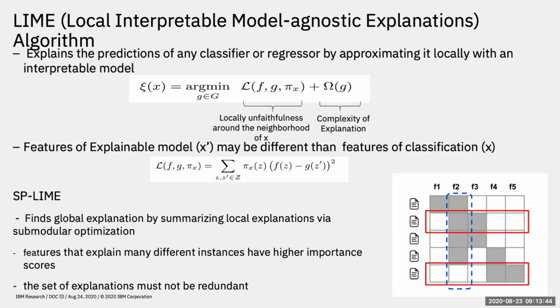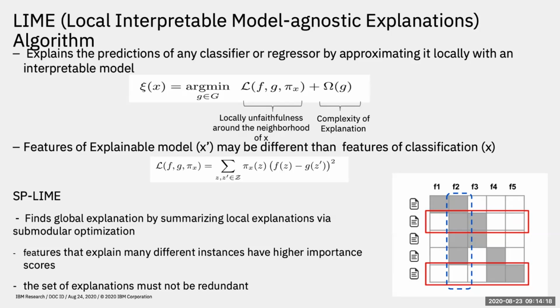Another point we want to emphasize here is that the input domains of these two functions f and g may be different based on the problem domain. As I mentioned earlier, by illustrating the examples of bag of words and the embedded features in the context of text classification, these two input feature sets are represented here by x and x prime.